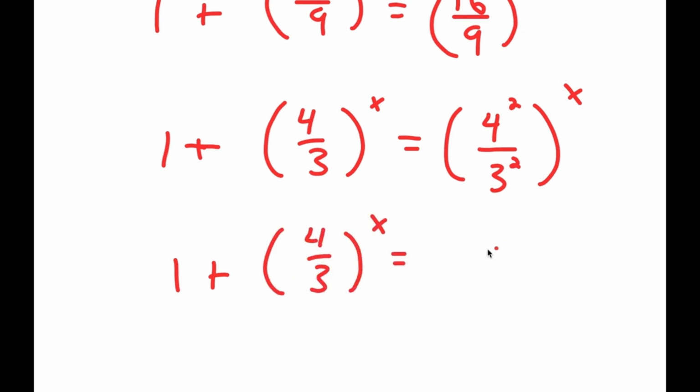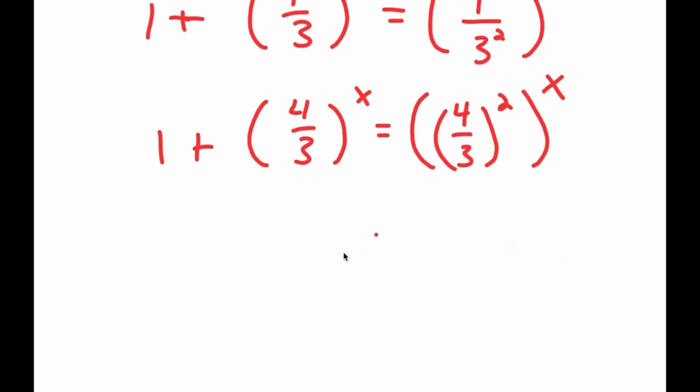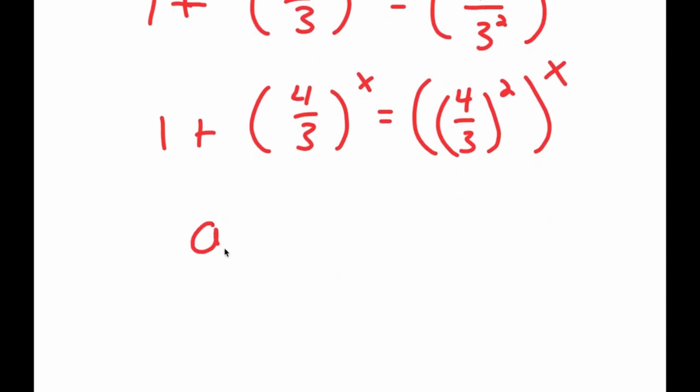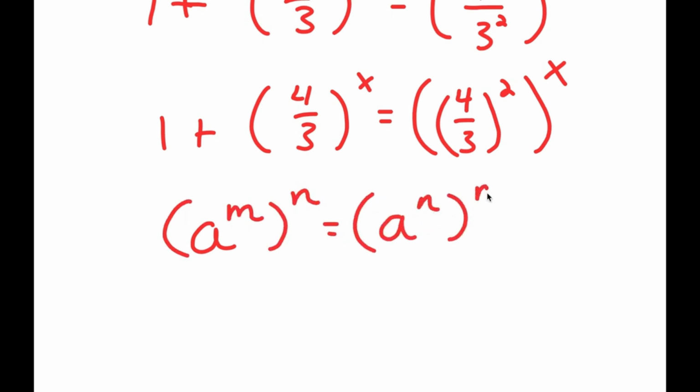Now, 4 squared over 3 squared, that's the same thing as 4 over 3 squared. And now I have this to the power of x. Now, if I have something in the form a to the power of m to the power of n, this is equal to a to the power of n to the power of m.